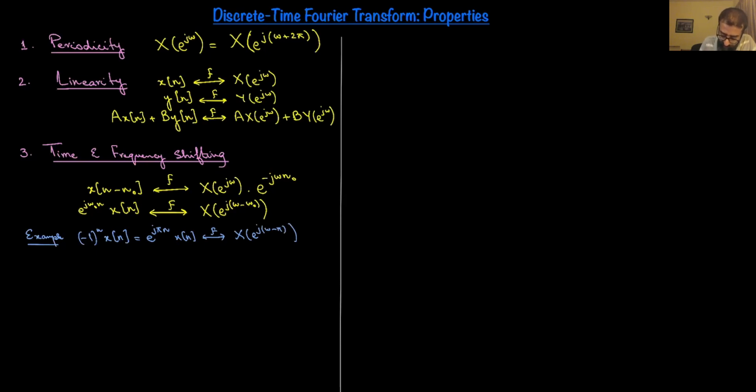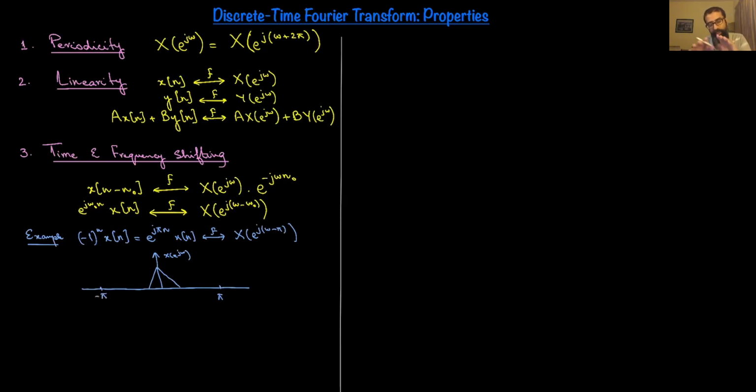Let me give you a visual interpretation of what's actually going on. Say there's an X of e raised to power j omega here, and let's assume that X of e raised to power j omega was a low pass signal. In other words, a majority of its energy, or actually all of its energy, resided in the low frequency component.